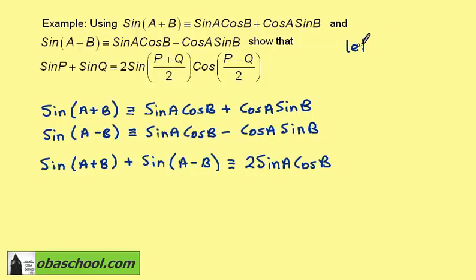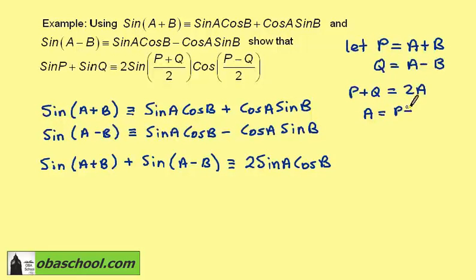The next step is to let P be equal to A plus B and to let Q be equal to A minus B. If we now add these two equations, on the left we get P plus Q, on the right A plus A is 2A, and B add minus B disappears.